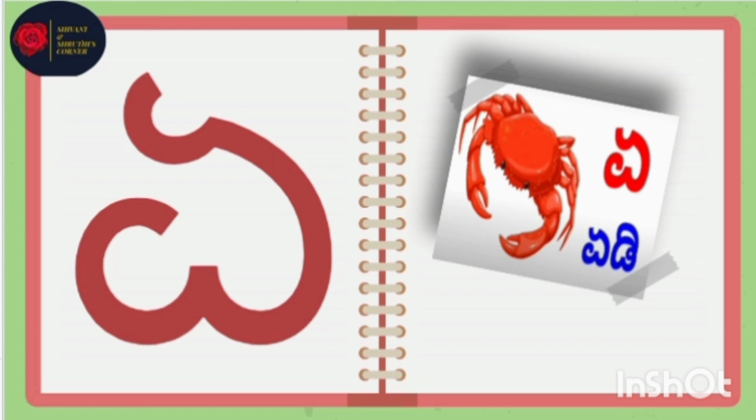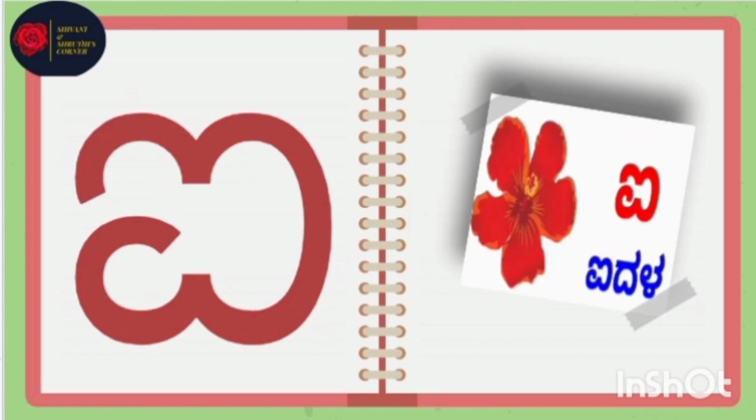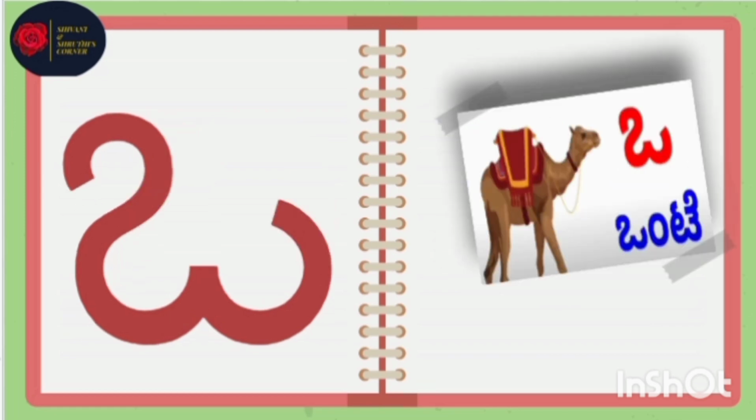So Ae is Dirghaswara. Ai. Aidala. Ai. See, we are stressing more. Aidala means hibiscus. So it is Ai is Dirghaswara. O. Example is Onte. Onte means camel. O takes less time to be pronounced. So it is Hrasvaswara.